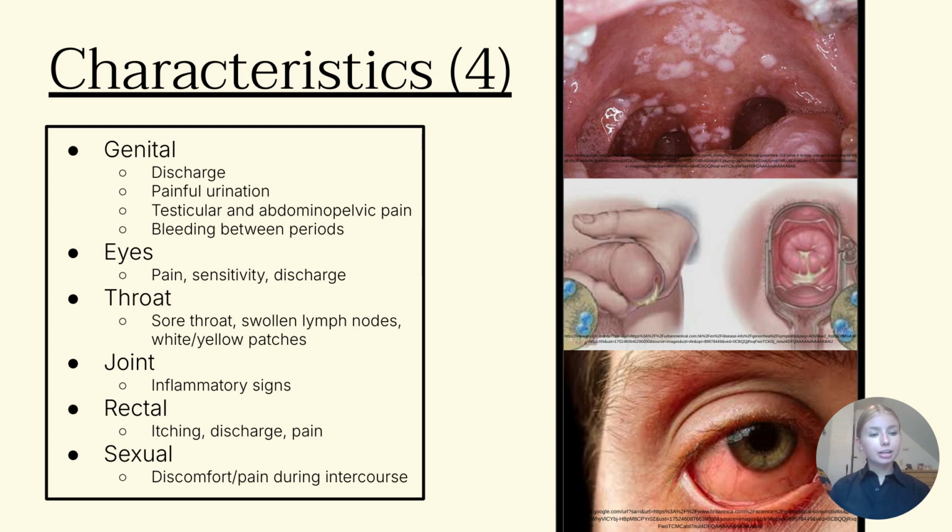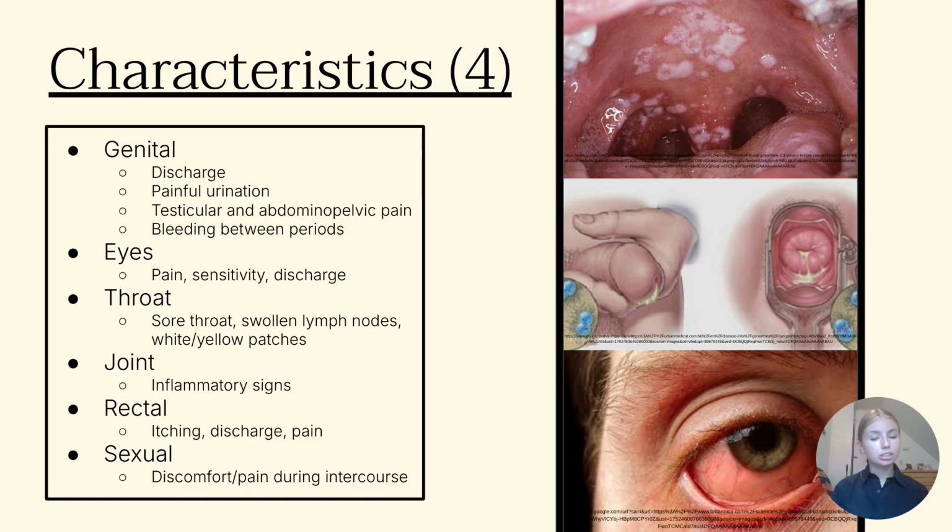If gonorrhea affects the eyes, a person may exhibit pain, sensitivity, or even discharge from this region as well. If gonorrhea affects the throat, a person may experience symptoms of the regular sore throat, and they will also have swollen lymph nodes or could see white or yellow-hued patches.